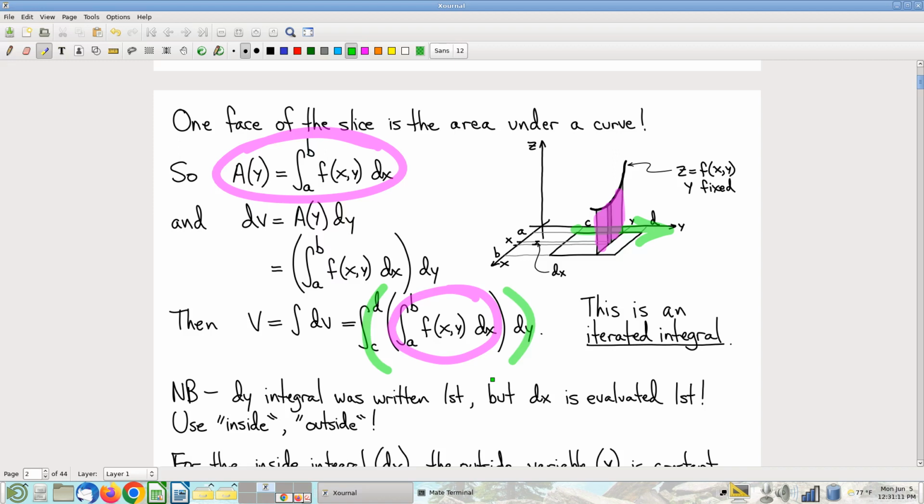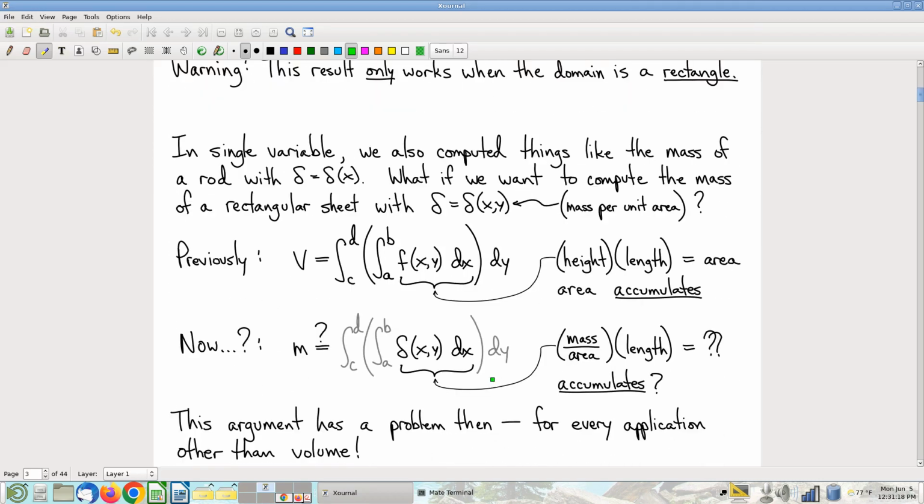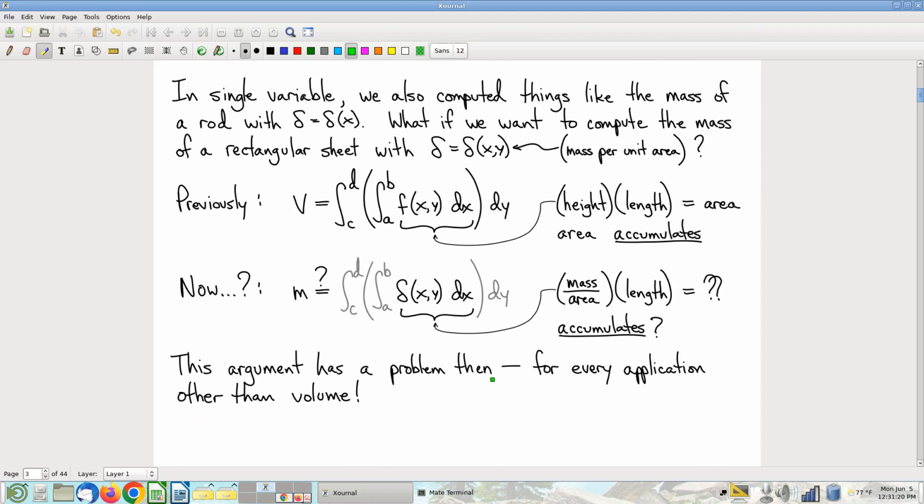Okay, and this is great for computing volume under a surface, such as we did in this example here, which is nice. But we ran into a dead end when we started to try to apply that to other things that one would expect we might need to compute integrals of. So, for example, you try to compute mass by way of this argument, and you find yourself writing down, inside of the inside-most integral, where in some sense it all begins, that you're multiplying mass per unit area times length, which isn't a thing, right?